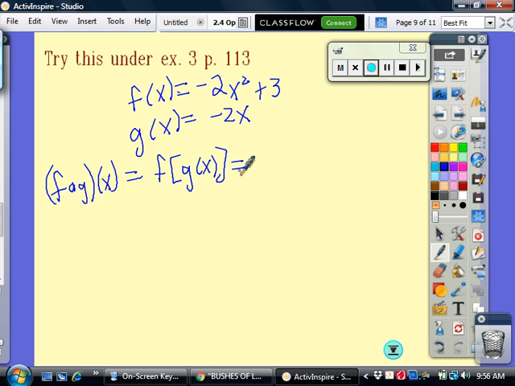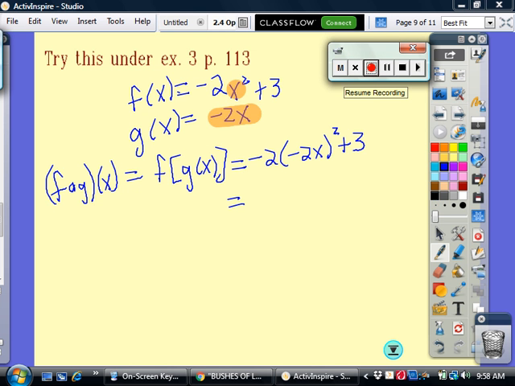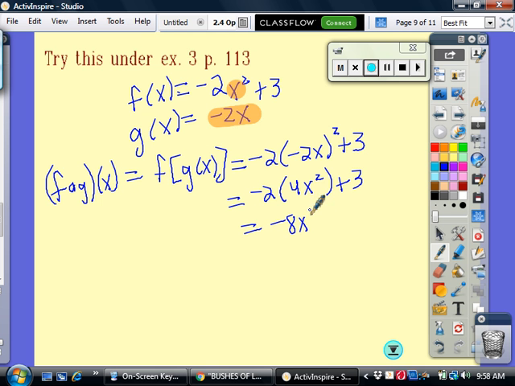See if you can do that. Alright, so you took the whole function of g and put it right here. And so we have to square the negative 2 and the x. Multiply that by negative 2 and then add 3.